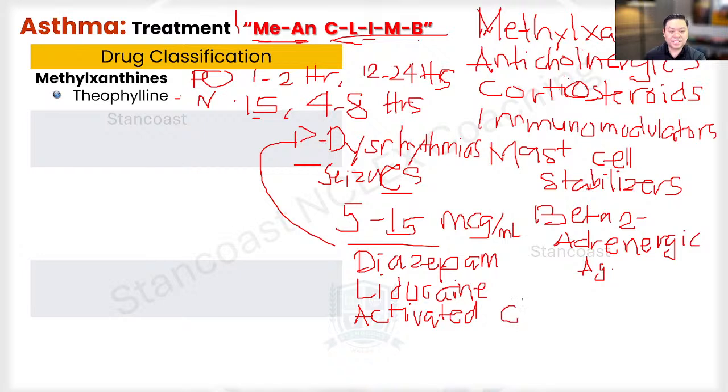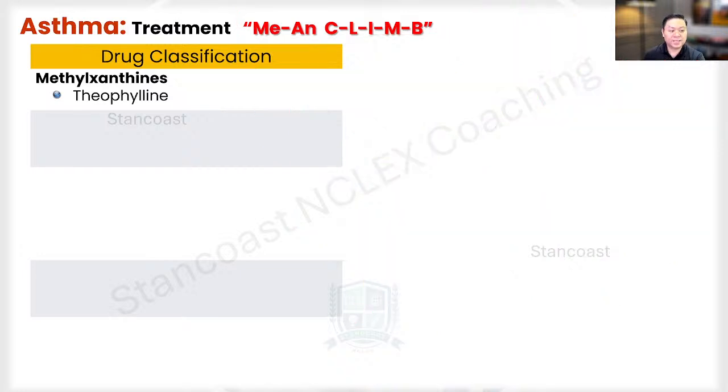Like I've said, guys, the use of the theophylline is not as popular nowadays because of these adverse effects. But still, in some cases, some medical providers will still order this medication. So you have to keep an eye out. Now, talking about the next classification of medication, this is the anticholinergics. All right. So we're talking about the ipratropium, and another generic name is the tiotropium.